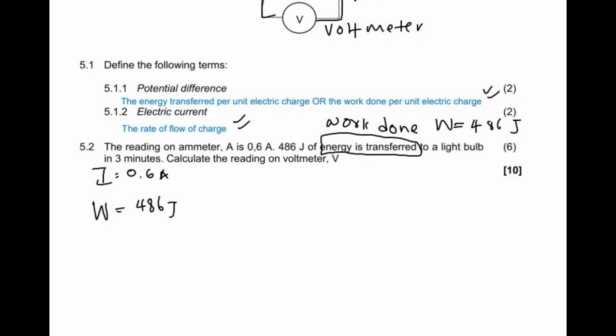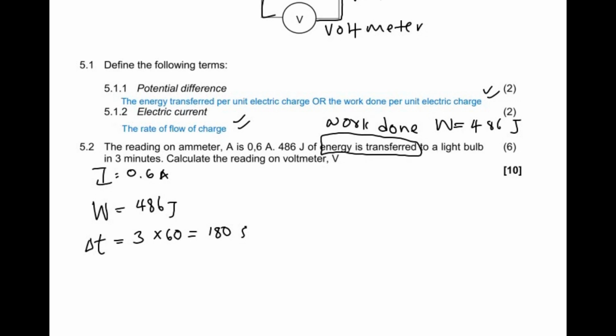And this process, they're saying, takes about delta T, the change in time, 3 minutes. But we know for delta T, the SI unit is seconds. It means we need to convert minutes to seconds. So we just simply multiply by 60. 1 minute equals 60 seconds. So it is 180 seconds.